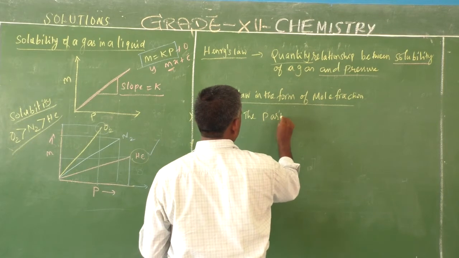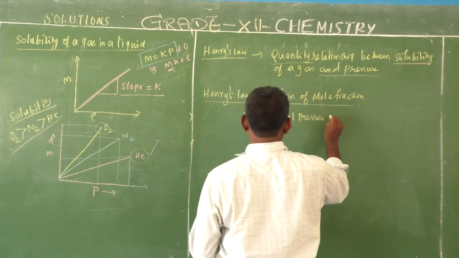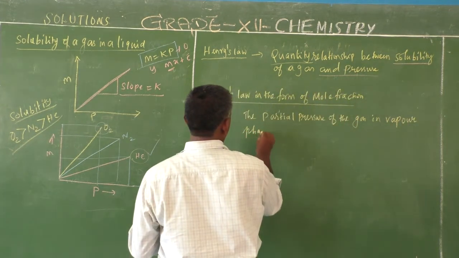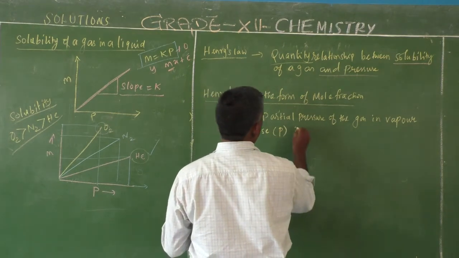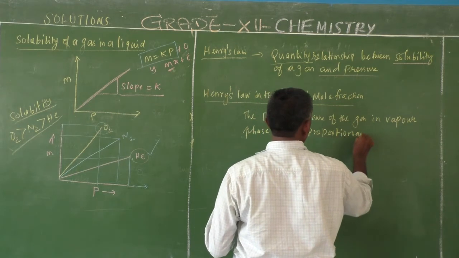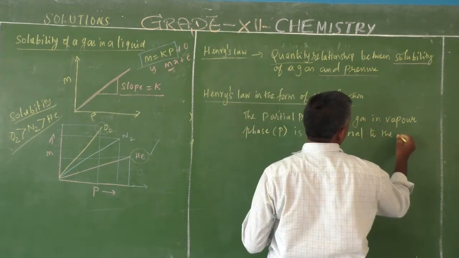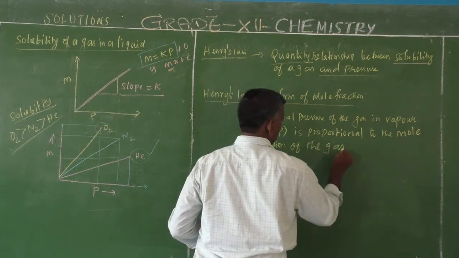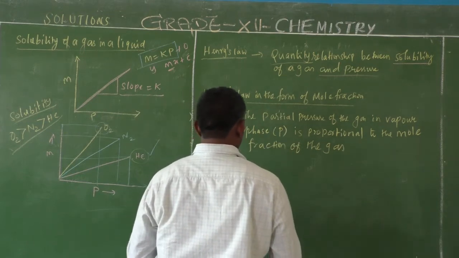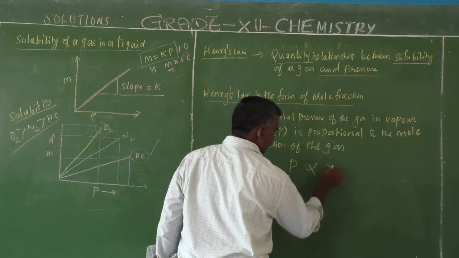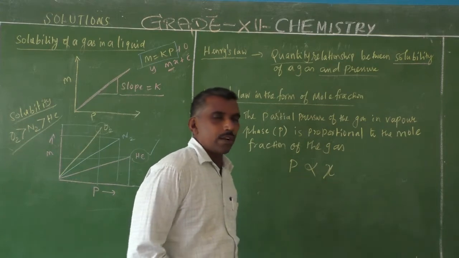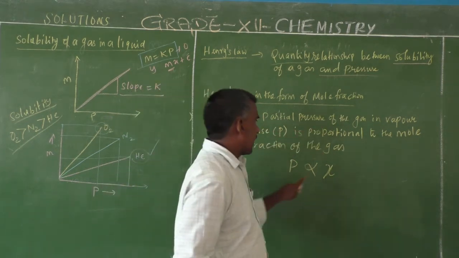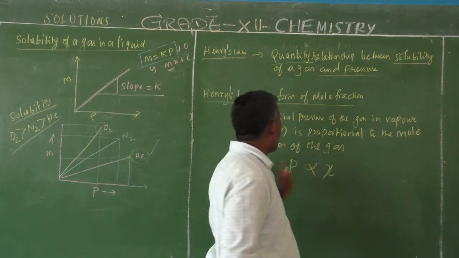The partial pressure of the gas in the vapor phase is proportional to the mole fraction of the gas.